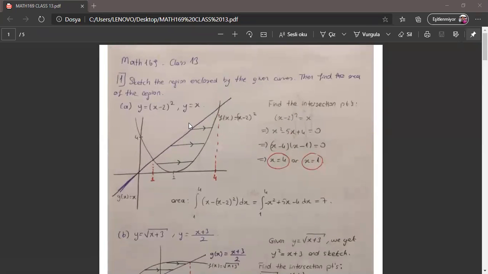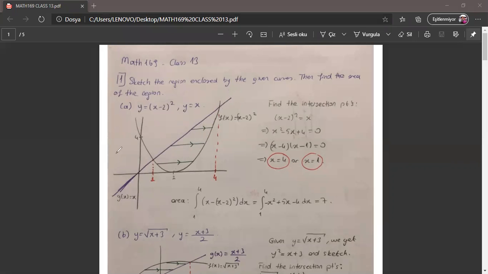So let's start. Here we have the region. First we need to sketch the given curves or lines. So here we have this curve. We first sketch that. You know how to sketch.